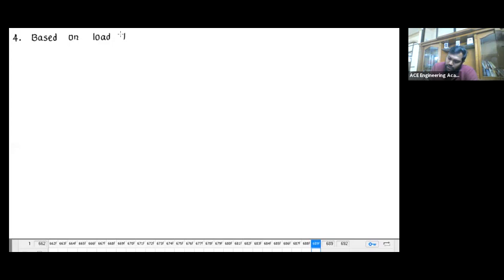So how the load gets transferred. Based on load transfer, we have three different types of piles. One is the end bearing pile, the other is the friction pile, and the third is the combined pile or composite pile. Okay, so first one.